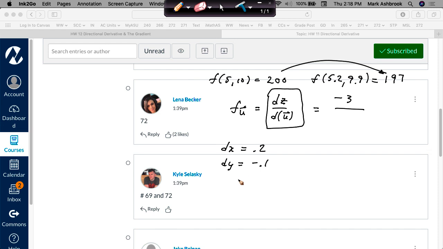You can think of this like a vector, and by saying how far you've gone, you're saying the magnitude of this vector. This is the vector in the xy plane that takes you from 5, 10 to 5.2, 9.9. So how far that is would be the magnitude of this: 0.04 plus 0.01, square root of 0.05.